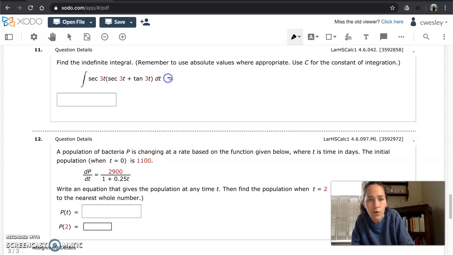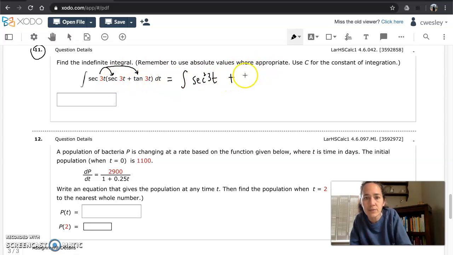I said step 1 before, and that's another reason to take a closer look at this one. Before jumping right into u substitution, distribute into the parentheses. We might see a couple expressions that, if we look back to our list of trig antiderivatives, we'll recognize. So this is the integral of secant times secant, secant squared of 3t, plus now secant times tangent, secant of 3t, tangent of 3t.